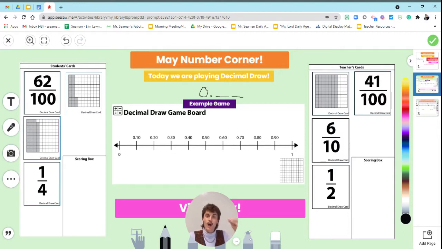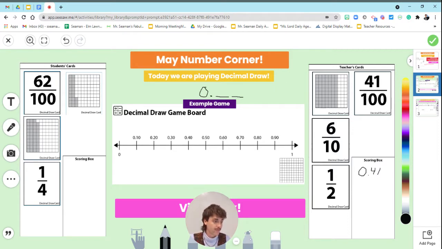So when I say 41/100ths, I'm going to put my last number in the hundredths spot. Essentially, I'm going to put in the scoring box 0 and 41/100ths.